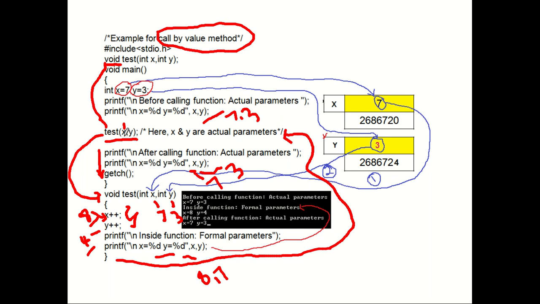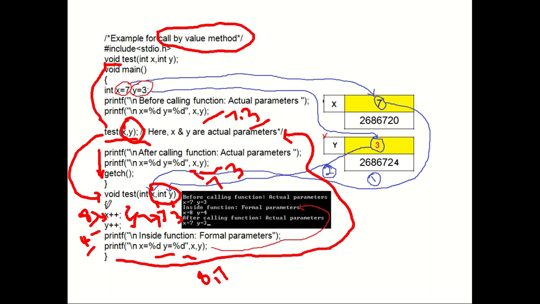Already 7 and 3 are present in these two variables. Whenever it is copied, another copy is created here. These two operations are performed on these two values, not on these two values here. That's why the original values of x and y are 7 and 3.